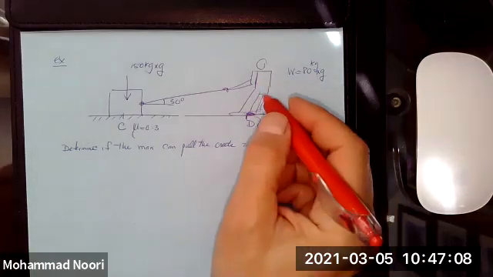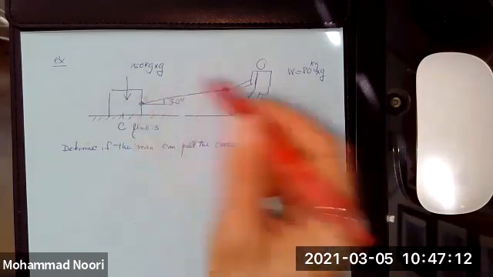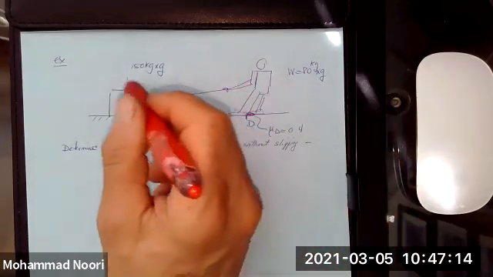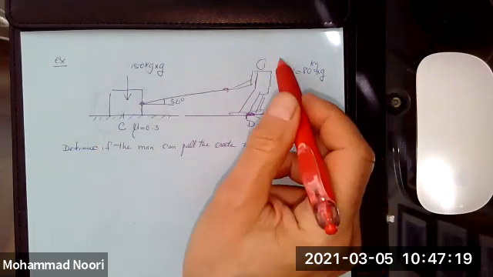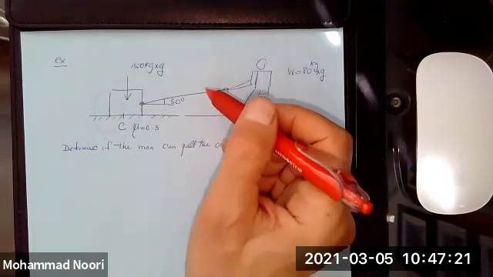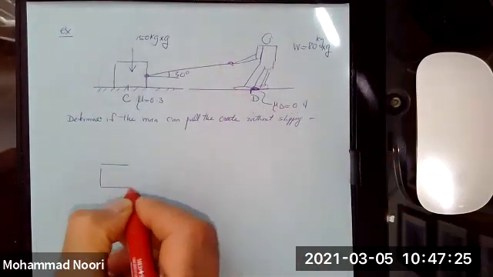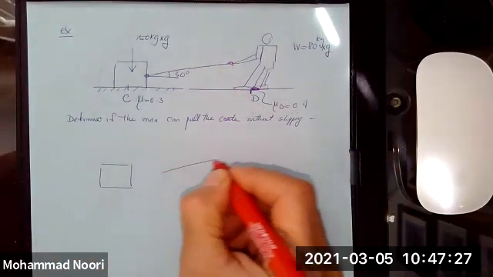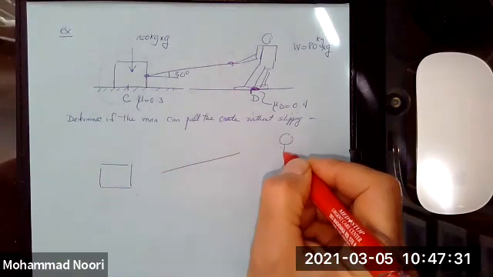We want this guy to stay safe, doesn't move. This is a frame problem, has 3 pieces: the crate, the rope, and the man. So let's draw the free body diagram of all of these. This is the crate, this is the rope, and this is this poor guy.